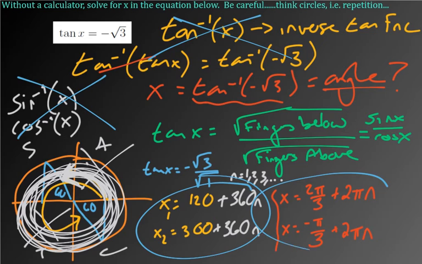You can write it that way or that way. You will see this more in pre-calc and calc and everything after that, but both of these are technically fine. So any x that satisfies this would make the tangent of that negative root 3.